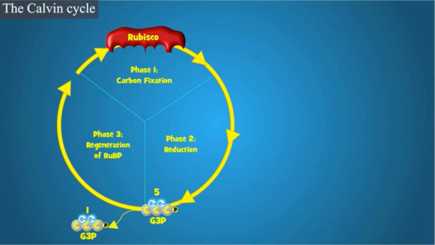Notice in our model that only 1 molecule of G3P exits the cycle, but 5 more remain to continue the cycle. These 5 molecules of G3P are rearranged to regenerate our starting compound, RuBP, through a series of complex enzymatic reactions. Remember, the Calvin cycle is a cycle, so we need to make our starting compound again to keep the cycle going.